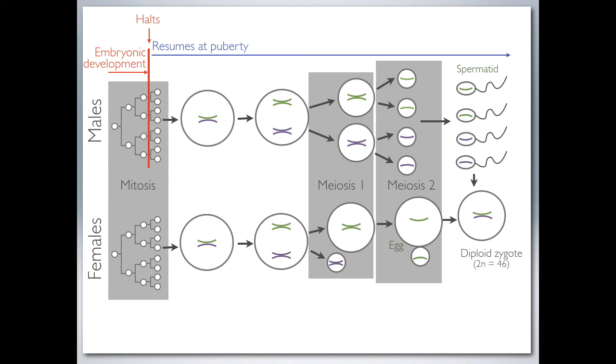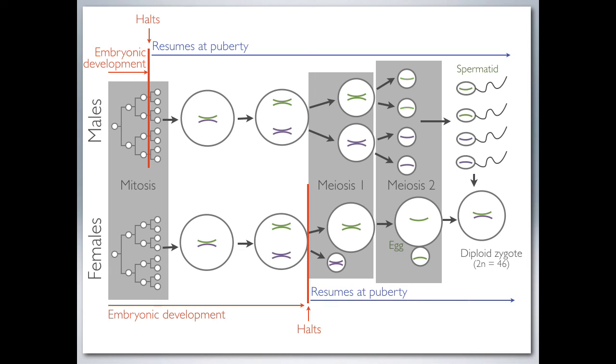And so for each of the germ cells that is going to produce sperm, it was created through those mitotic divisions. Females also have a halting of this process between birth and puberty, but the point where that halting occurs is different. It occurs after replication. And then the resumption during puberty occurs right before meiosis 1.